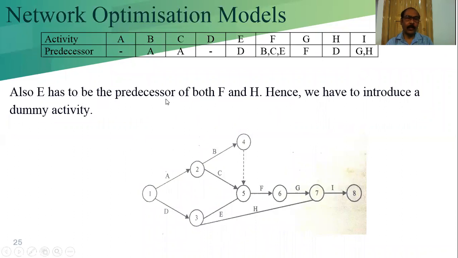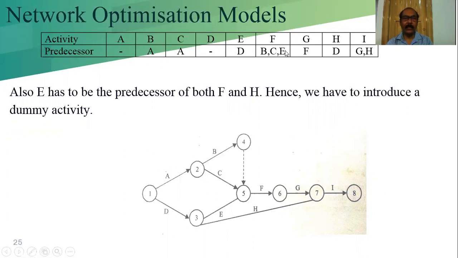So E has to be the predecessor of both F and H. B, C, E: three predecessors are there for F. We cannot manage if these three predecessor activities enter into the same node.